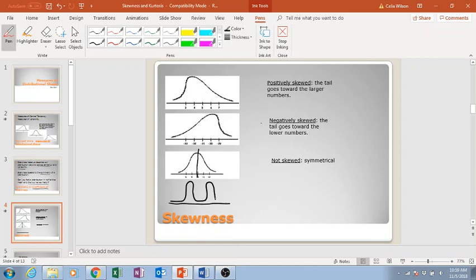Let's see how close I can get. All right, and let's assume our mean is somewhere right here. So if I were to take this distribution and fold it on the mean, you can see how our two sides would match. So just imagine these are drawn in an identical way. But the two sides would match. So this distribution right here, which is clearly not a nice, pretty bell shape like this one, is also not skewed.